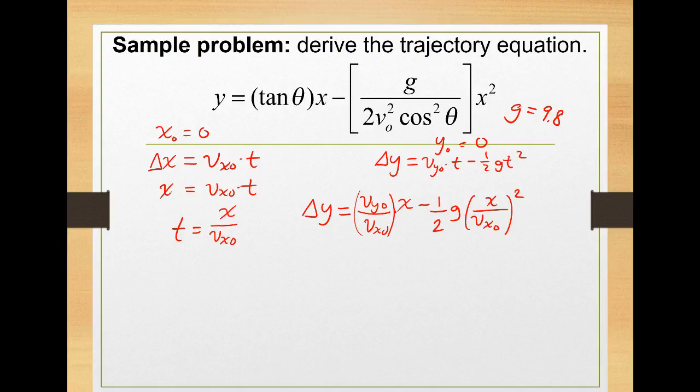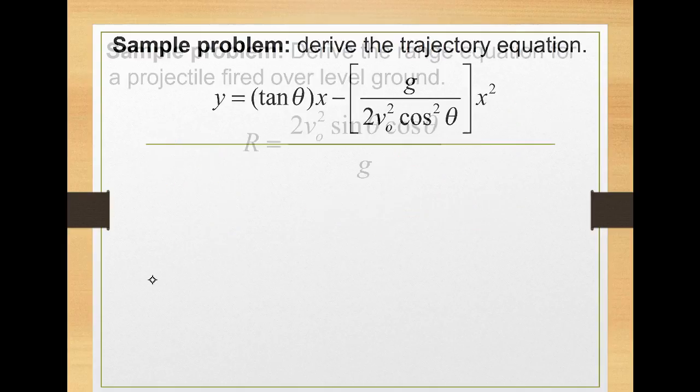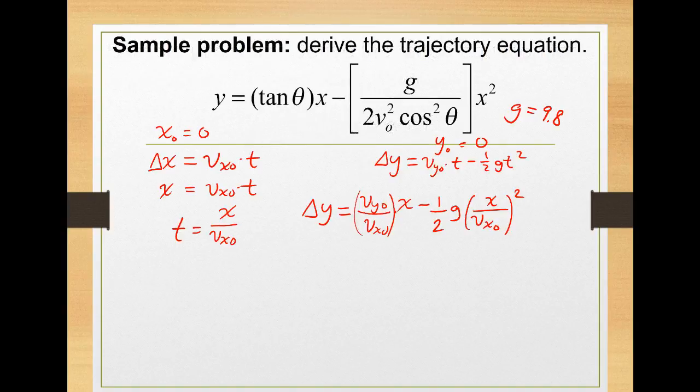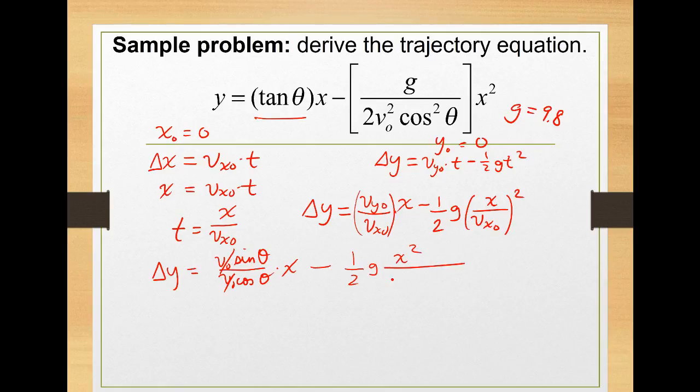Okay, so we have a little bit of simplifying to do. And the first thing to notice is that vy naught over vx naught is going to be v naught sine theta over v naught cosine theta. So those are going to cancel, and that's where I get my tangent from. So put that in a second. And then we're going to have 1/2 g x squared over, and vx naught squared is going to be v naught cosine theta, and those will get squared.